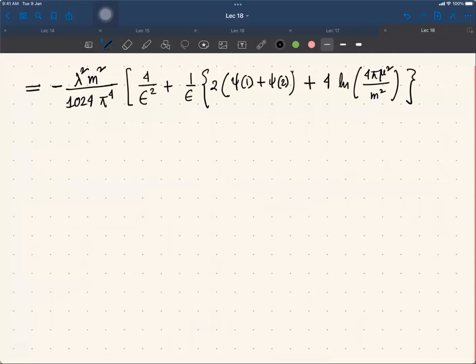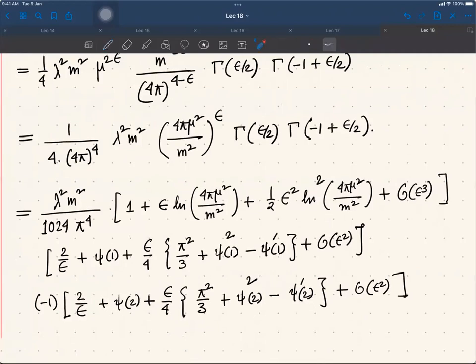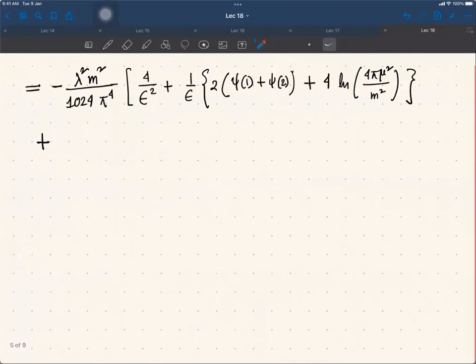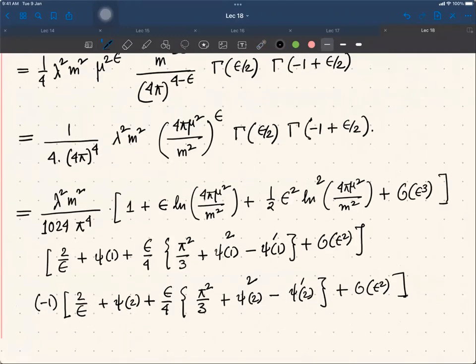Now let's calculate the order 1 term. So the order 1 term will be, again, we start out with 1. 1 must be multiplied with these order 1 terms. That is psi 1 times psi 2. Then if you start out with epsilon, then it must be multiplied with 1 over epsilon here and order 1 here.